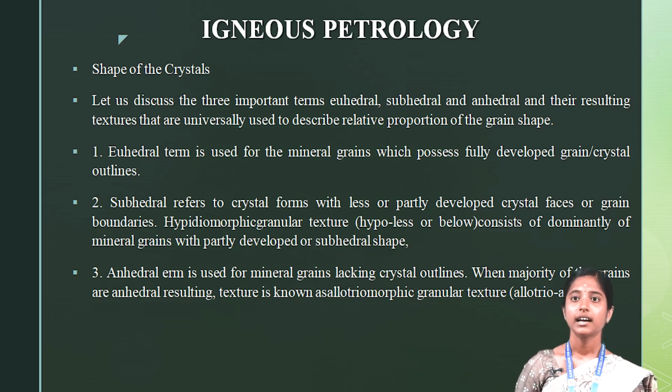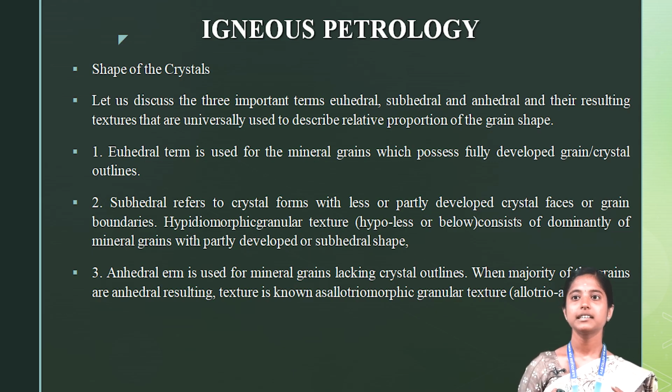Thus hypidiomorphic granular texture is the most commonly found granular texture, also called granitic. This is mostly found in granite rock. The third one is anhedral. The term anhedral is used for mineral grains lacking crystal outline.